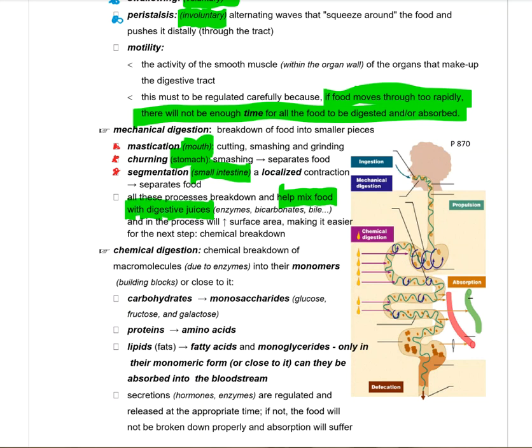And that's good because now the enzymatic juices that are going to break the food down are getting very well mixed in with these smaller pieces of food. Smaller pieces of food means bigger surface area. And if we have a greater surface area, it'll be easier for the next step, chemical digestion.